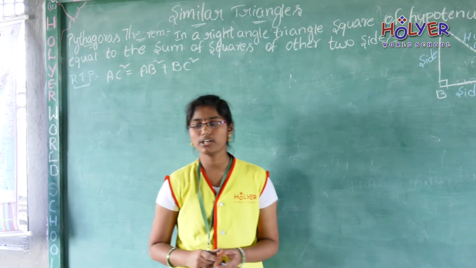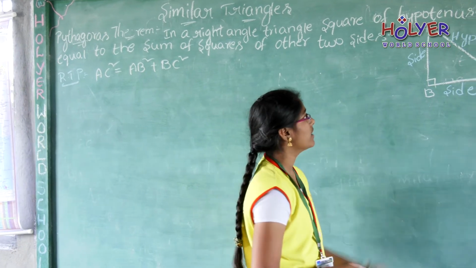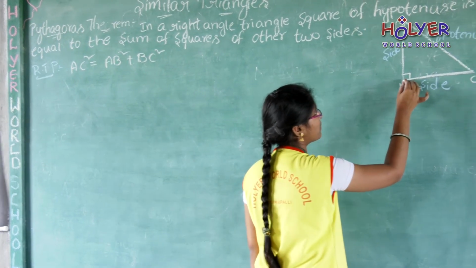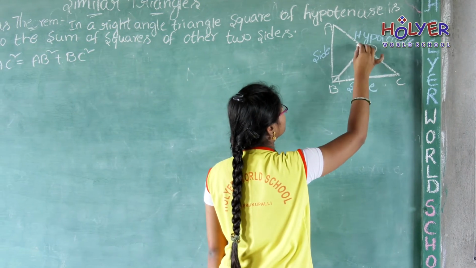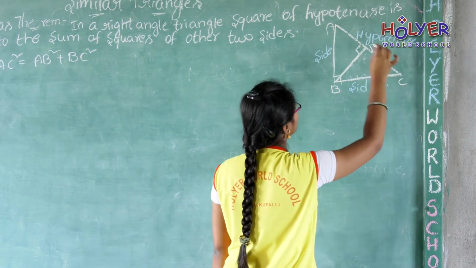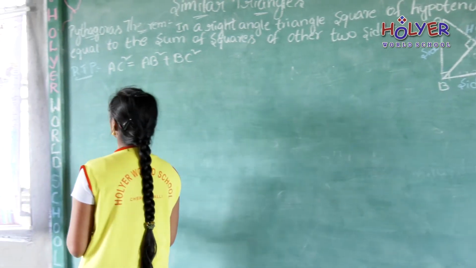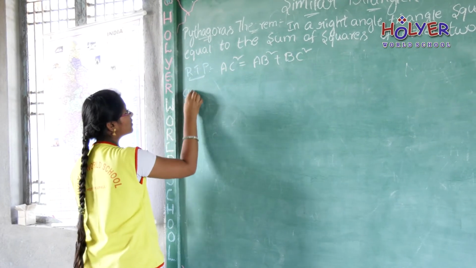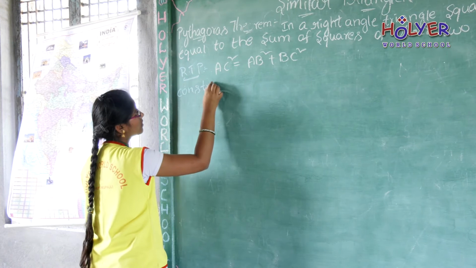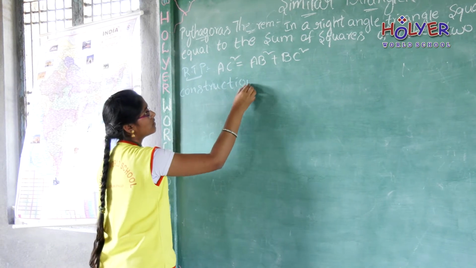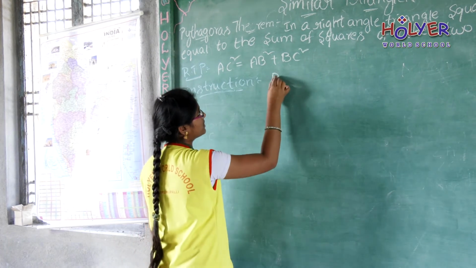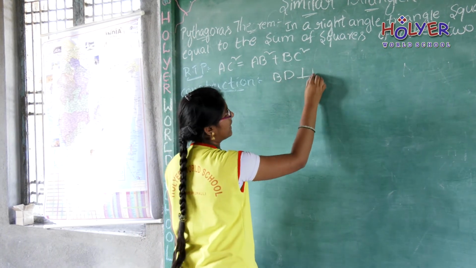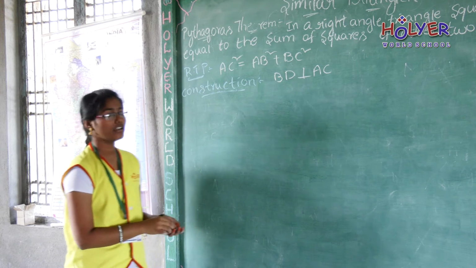Before we prove this, I will draw a perpendicular line from B to AC at D. Construction: BD is perpendicular to AC. And proof.